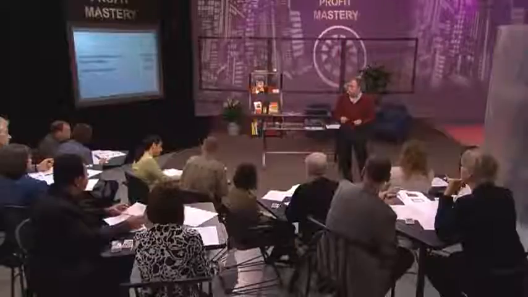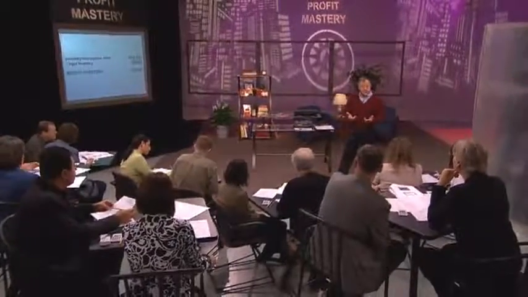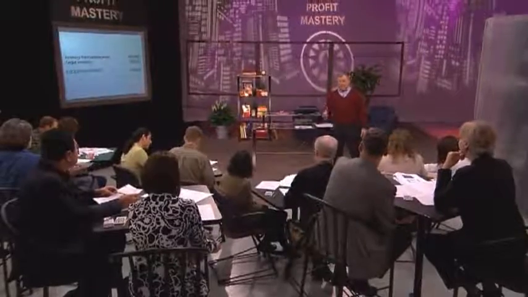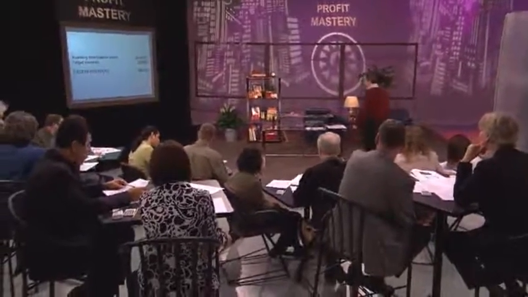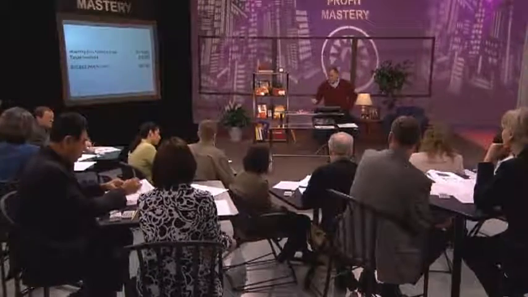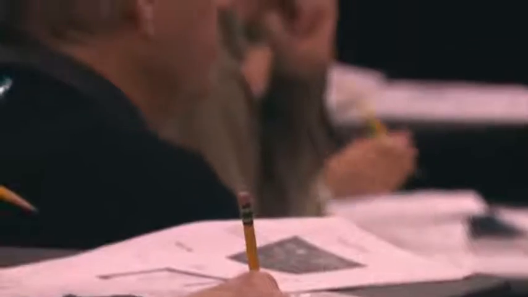P or C. Okay, inventory shows up, you just looked it up, on which financial statement? The balance sheet. That would mean that the primary impact is where? P or C? C. It's a cash impact, isn't that right? So $60,000 cash would be sitting in his checkbook if it weren't there sitting in inventory.